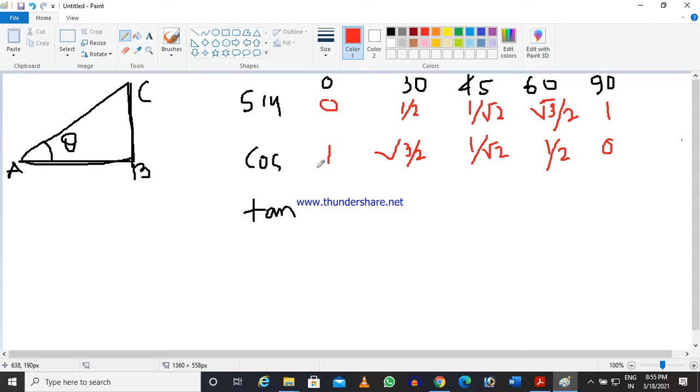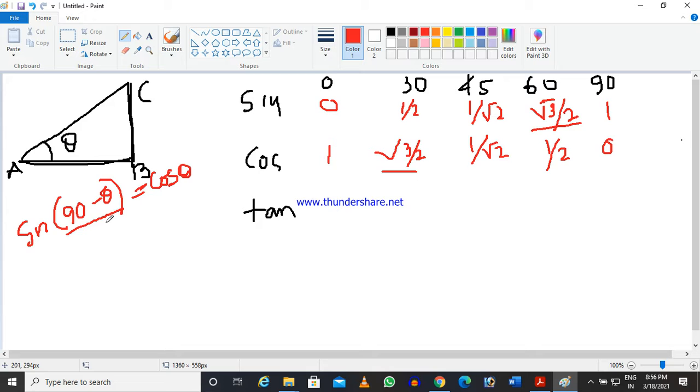Got it? So from these things we can tell, if theta is lying between 0 to 90 degrees, then sine 90 minus theta is equal to cos theta. You take a value of theta within 90, say 30. If you put 30, sine 60 is equal to cos 30. You see, sine 60 and cos 30 are equal.